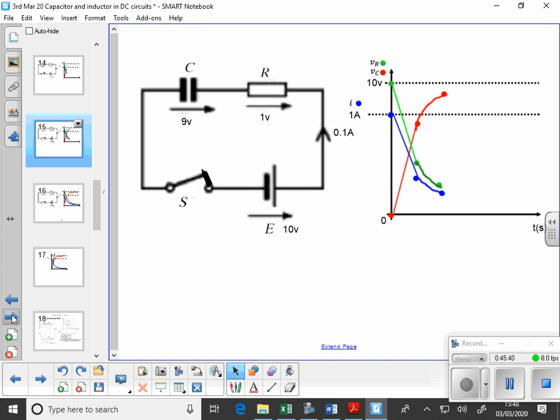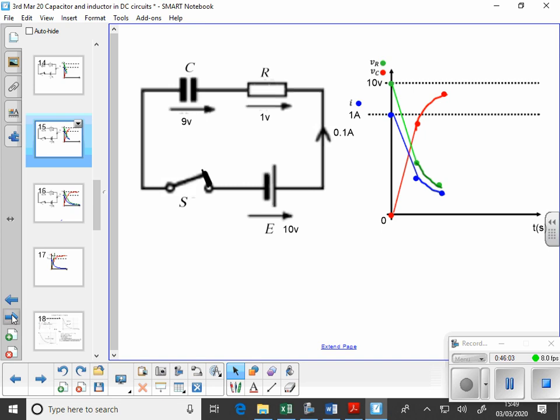The rate that charge goes on is reducing all the time, because you're trying to push these electrons onto that plate, and because there are so many on there, it doesn't want to go so much now. That's the way I like to think of describing it. So it's not linear, it's not a straight line.